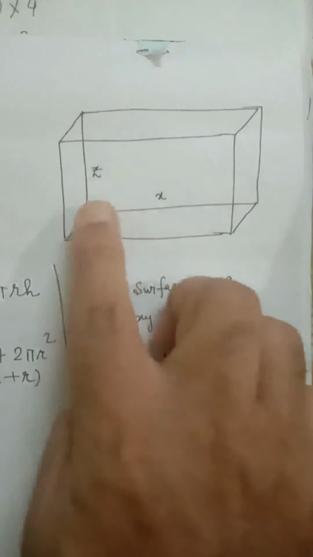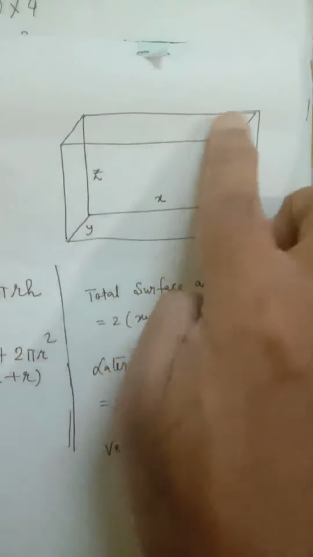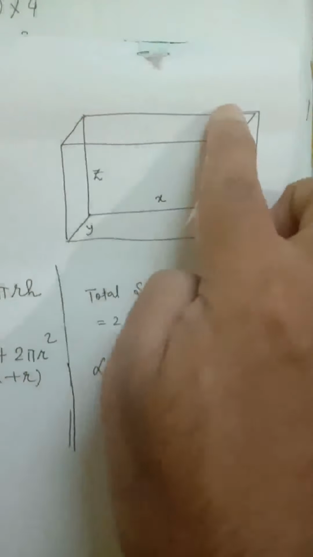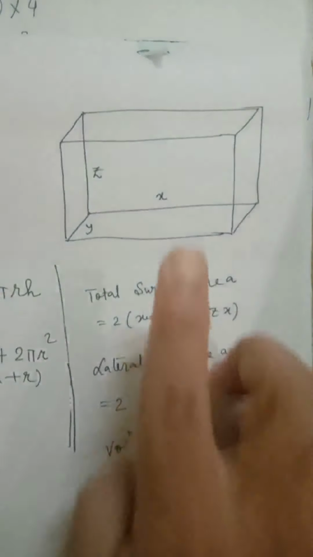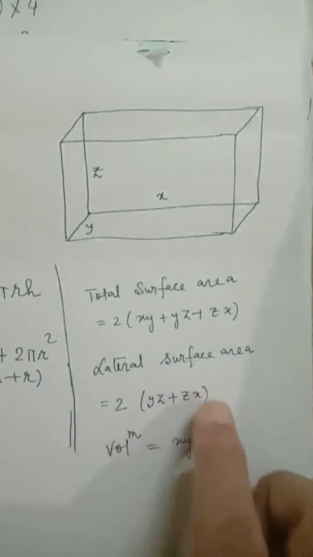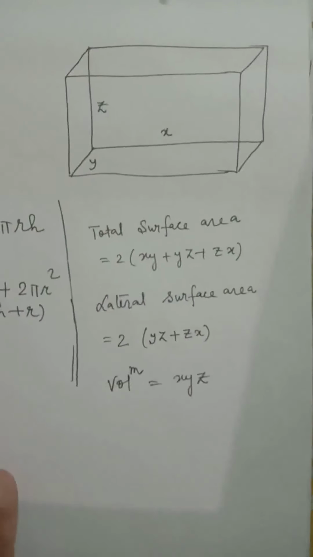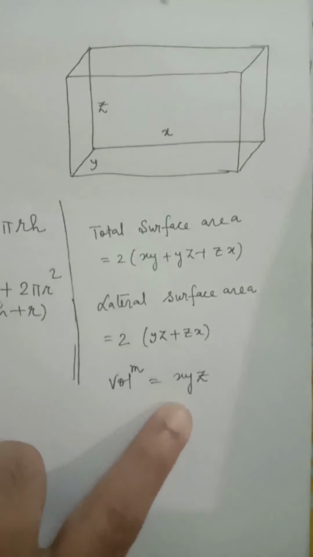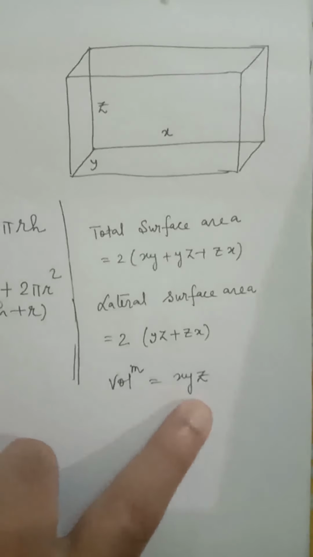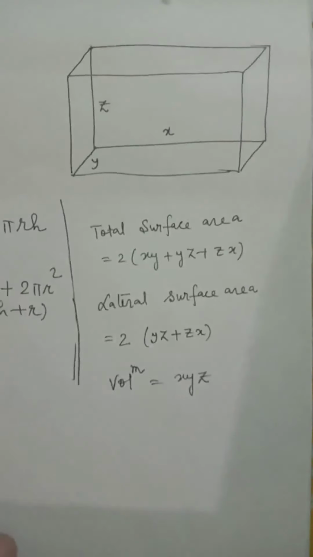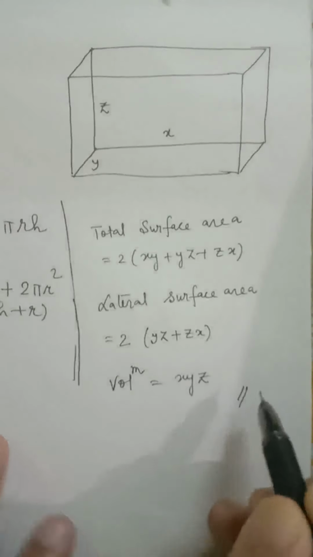That is, you have to remove the area of base and area of top, the ceiling. So area of 4 walls will be 2 into yz plus zx, and the volume of the cuboid is x into y into z, length into breadth into height. So this thing we have to remember.